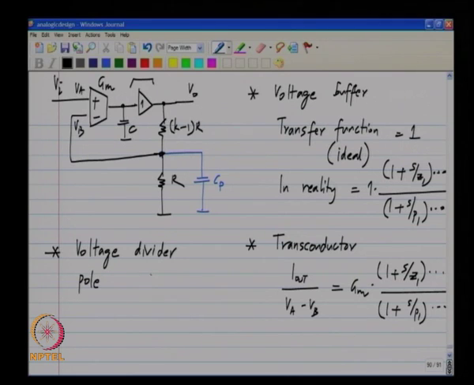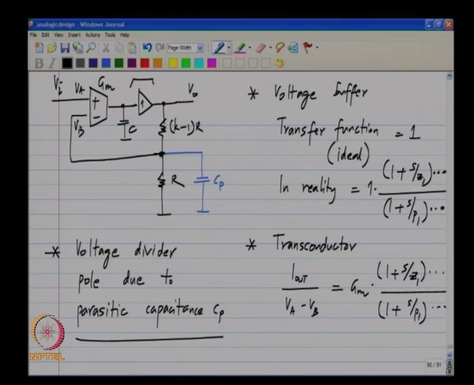the voltage divider has a pole due to the parasitic capacitance Cp. So, every part of the circuit, the transconductor, the voltage buffer and the voltage divider can have extra poles and also extra zeros.